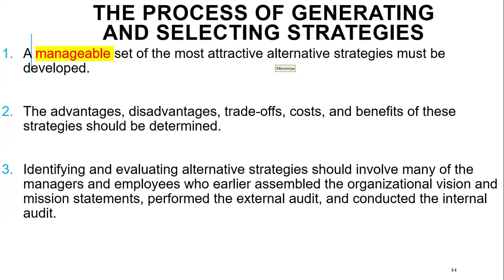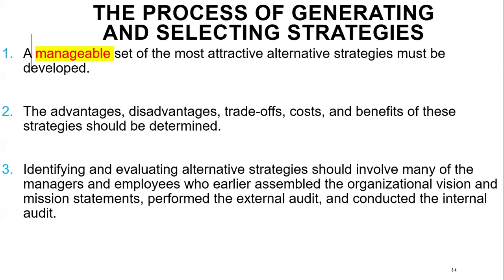at their varied functional departments. And so what happens is that once they feel they were part of the development of the strategy, it grants them a higher level of commitment to ensure that the strategy following its adoption and implementation succeeds.